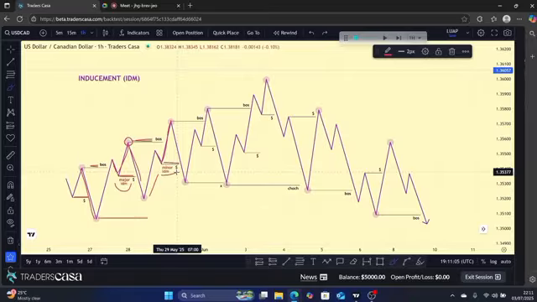But it doesn't matter if it's minor or major, both of them confirm the swing point.